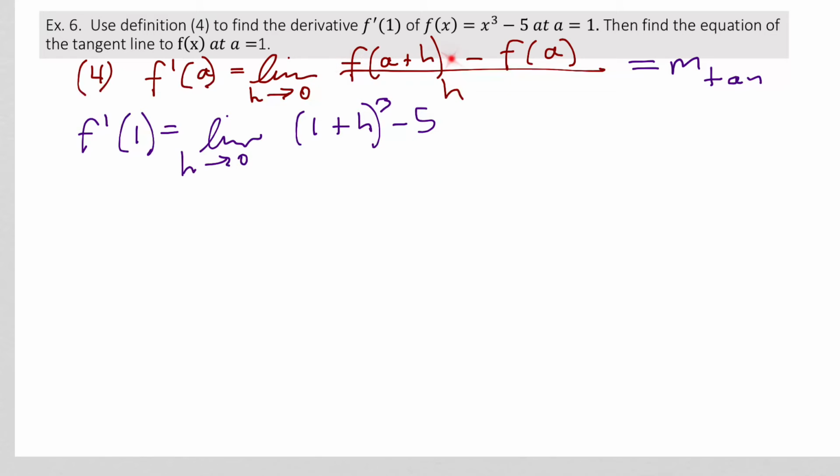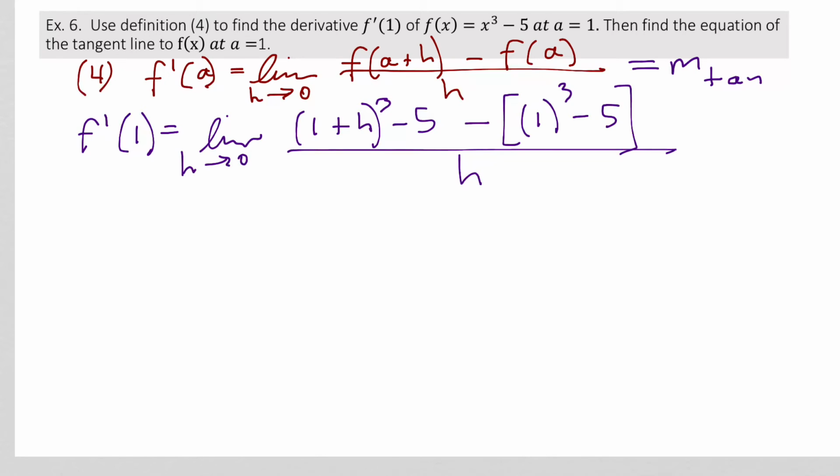That's this part here. Now I have a minus right here. And then I evaluate my function at a by plugging in 1 into the function. So let's just write 1 cubed minus 5. We'll figure out what that number is. All over h.